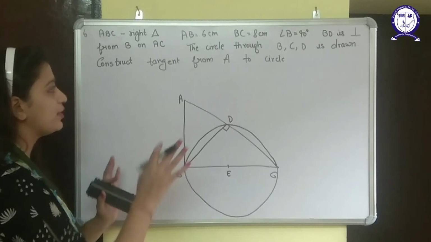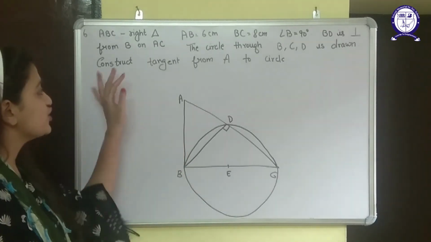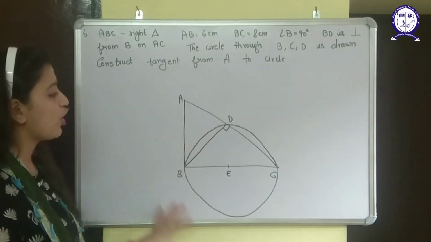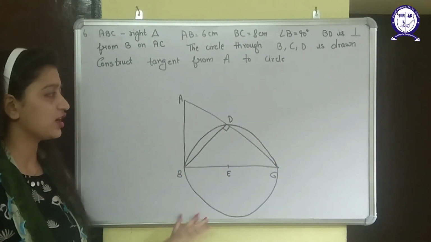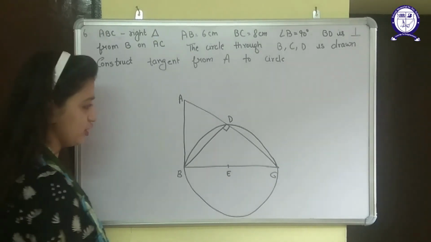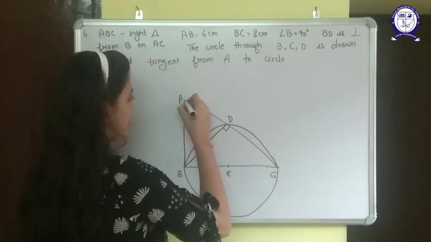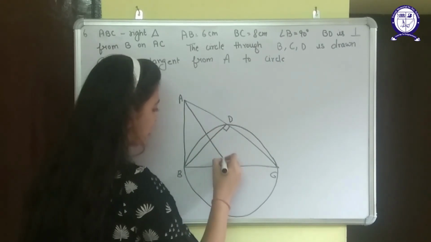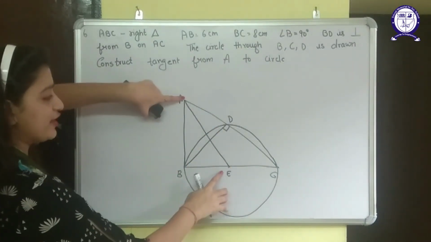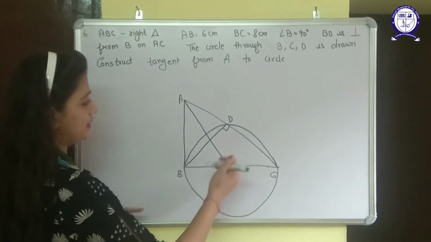Okay, now coming to the main part. Construct the tangent from A to this circle. I need to draw the tangent of this circle from the point A. Now the part is the same as the previous question. First of all, I will join A to the center of this circle. Then we will draw the perpendicular bisector of this line.